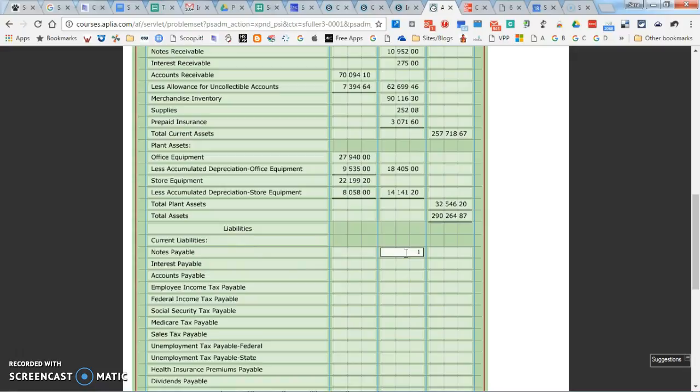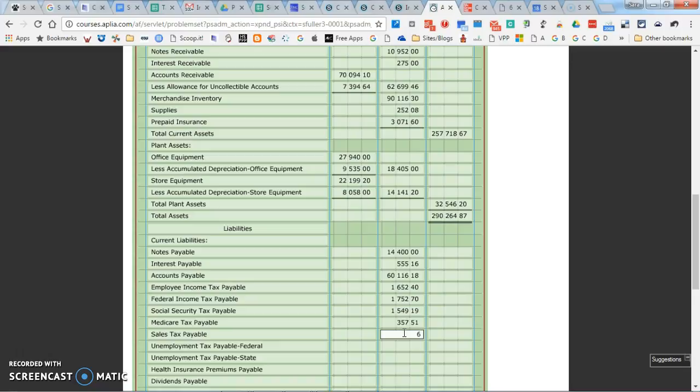Okay, now I'm going to come up to my notes payable line. Middle column, $14,400, $555.16. Accounts payable is $60,116.18. $1,652.40. $1,752.70. Social Security, $1,549.19. Medicare tax payable, $357.51.